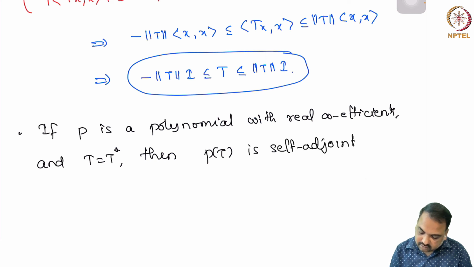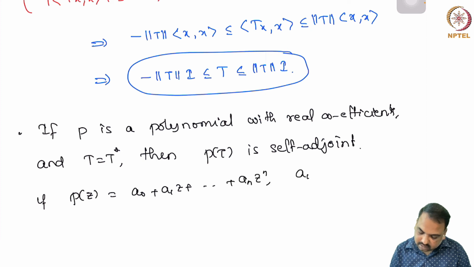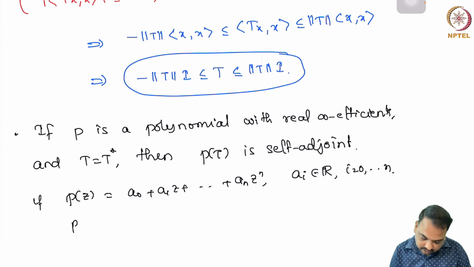Now we know how to define P of T: if P of z is a0 plus a1 z, and so on, an z to the power n, where these a's are real numbers, then P of T is a0 identity plus a1 T, and so on, an T to the power n.